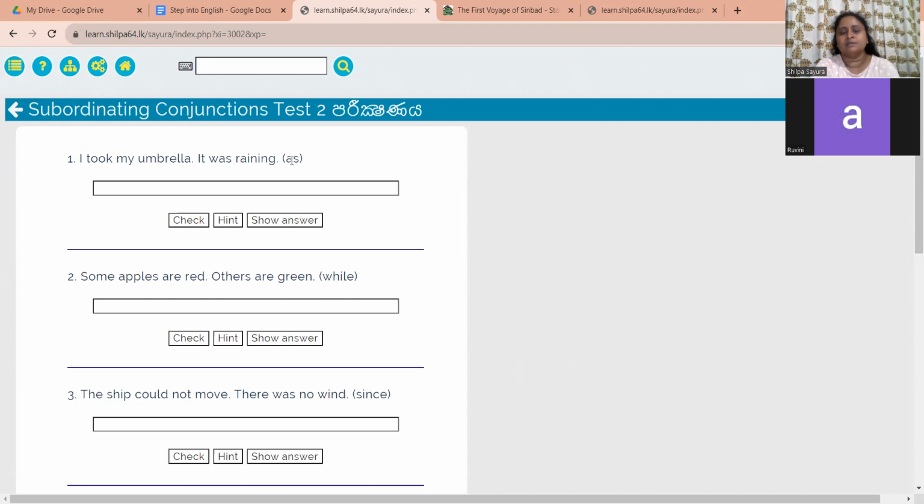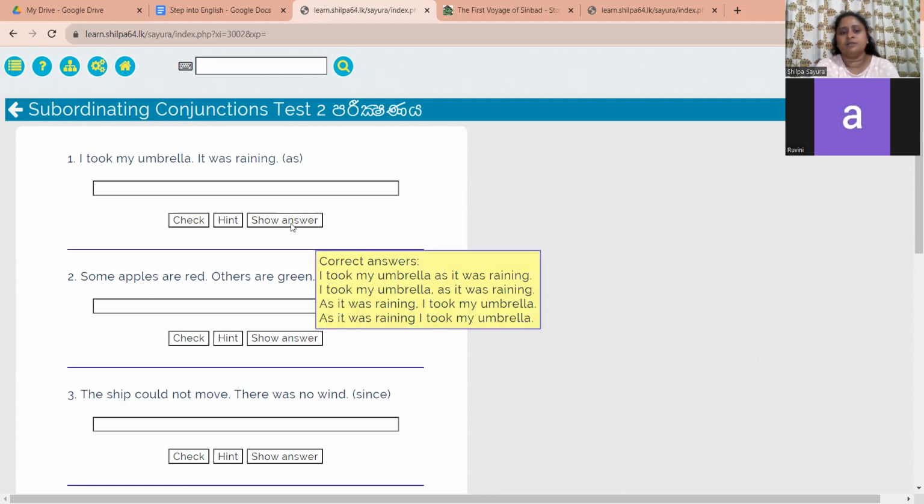As. So the answer is I took my umbrella as it was raining. I took my umbrella, comma, as it was raining. As it was raining, I took my umbrella. Okay? Yes. Next one.